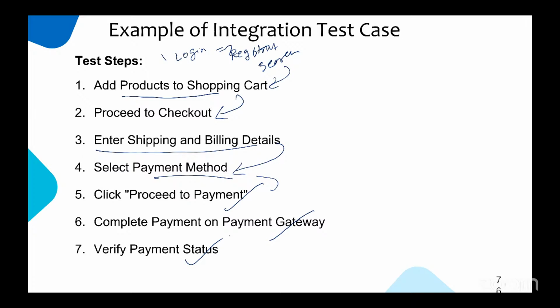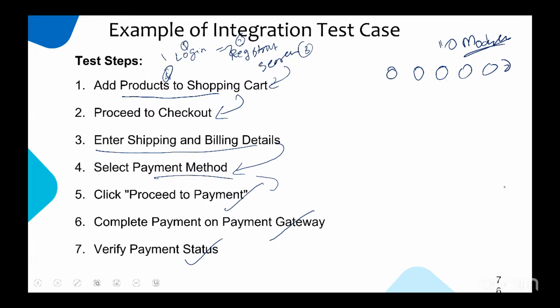See, in reality, this is one module, this is another module, search is another module, this is another module. So they have developed multiple modules. Let's say 10 modules. So in unit testing, what they have done is they tested each individually.